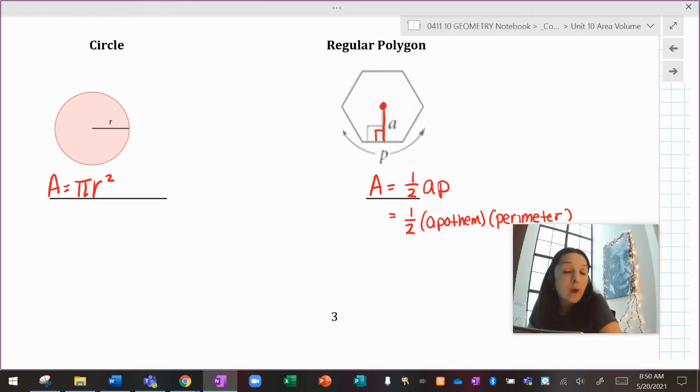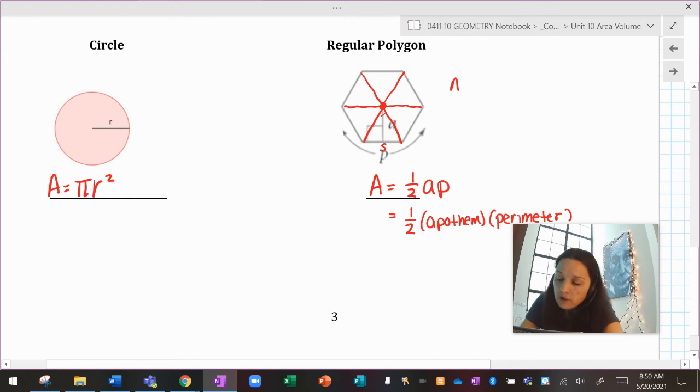Well, if this is a regular polygon, meaning all the sides and all the angles are equal, what I could do is turn it into a bunch of triangles. So why don't I just find the area of this triangle and then multiply it by the number of sides I have? If I looked at just this triangle here, let's call this side S, the area of that single triangle would be S times A divided by 2.